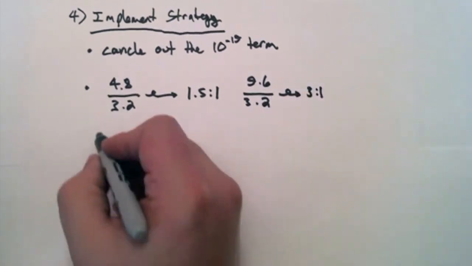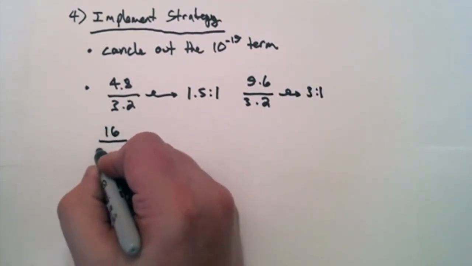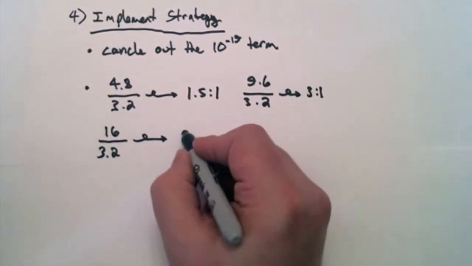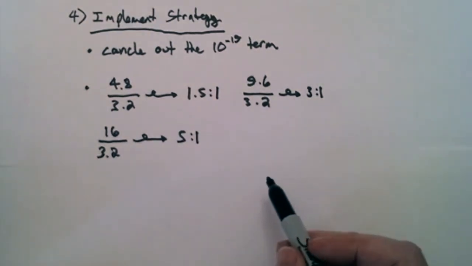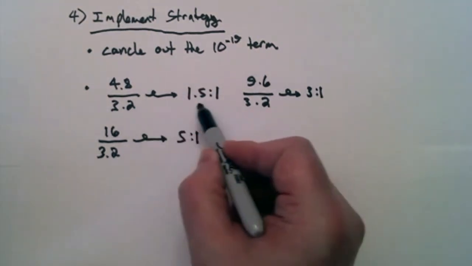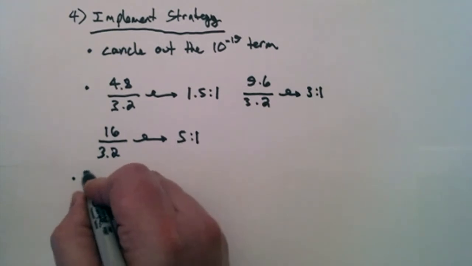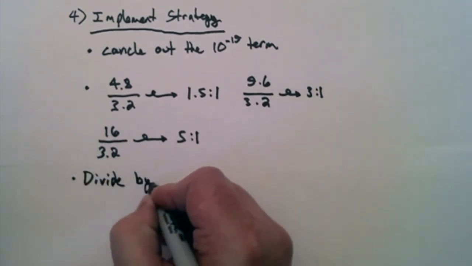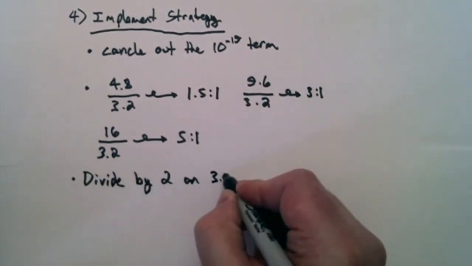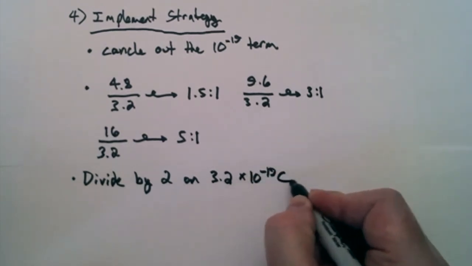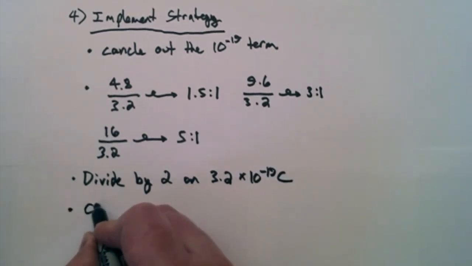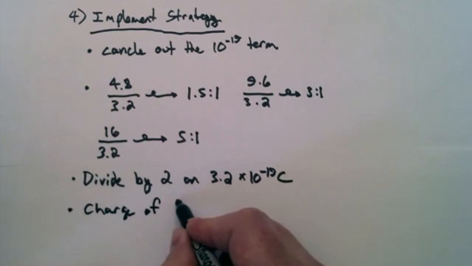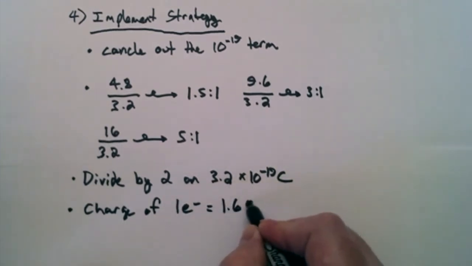This will let us know if the 3.2 term is the fundamental charge of the electron. We find out it can't be because we don't have integer values in both terms of the ratio of the 4.8 over 3.2. So we're going to divide that 3.2 term by 2, which would yield a 3 to 2 ratio.